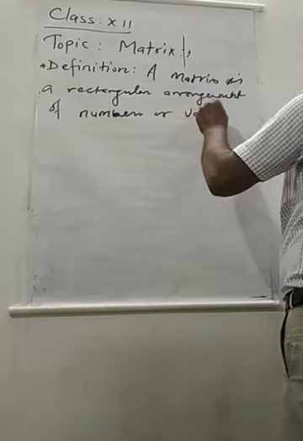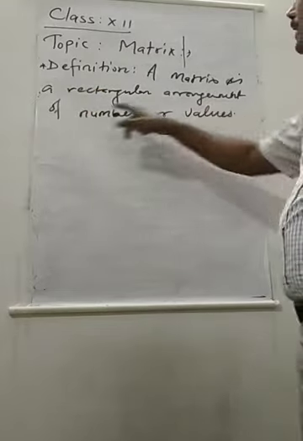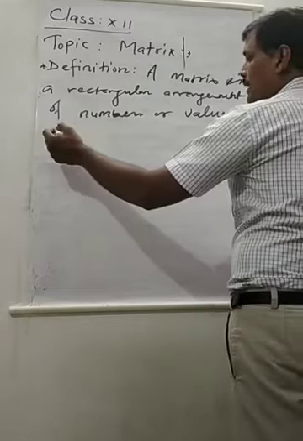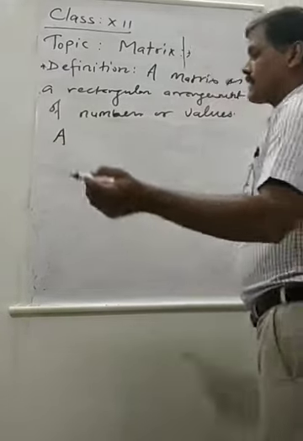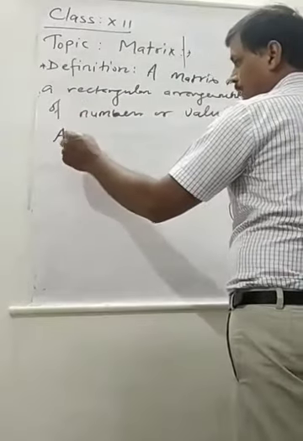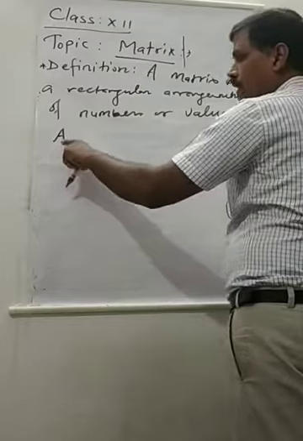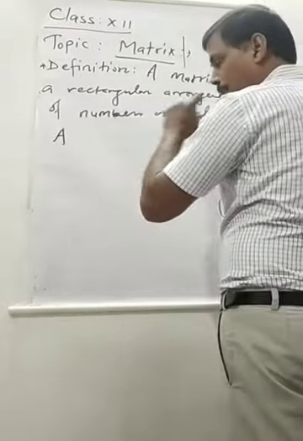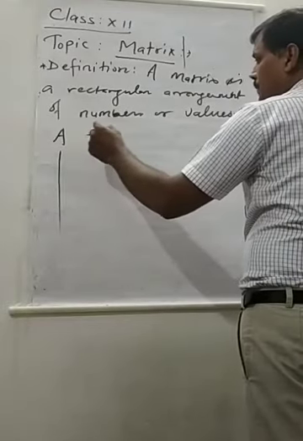They are usually represented by any letter of the English alphabet, but a capital letter. Matrices are always represented by any capital letter of the English alphabet, from A to Z, any one you can use.